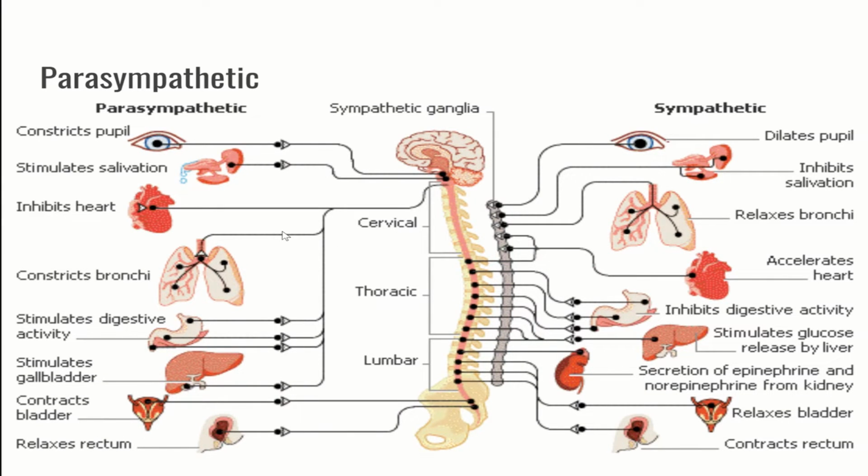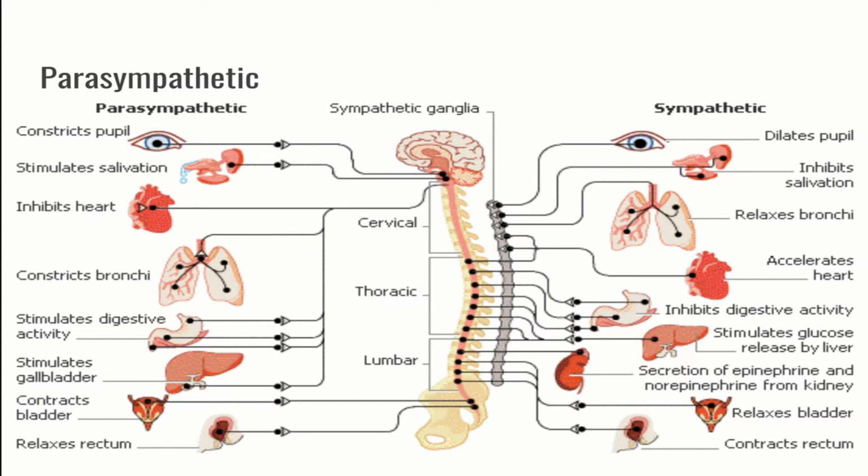Whereas on the parasympathetic side, this is our rest and relaxation side. This is where things are good and we are able to kind of sit back and not worry. So things like constricting your pupils. This is going to work when you are trying to digest your food.